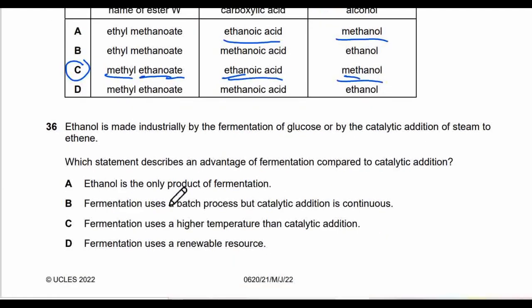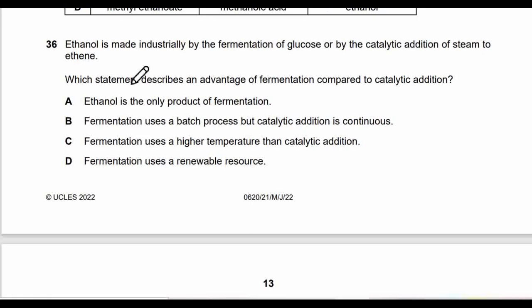Question 36. Ethanol is made industrially by the fermentation of glucose or by the catalytic addition of steam to ethene. Which statement describes an advantage of fermentation compared to catalytic addition? So advantage of fermentation is it is made from organic material like sugarcane, the source of glucose.